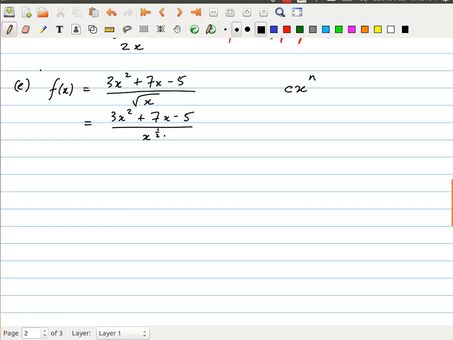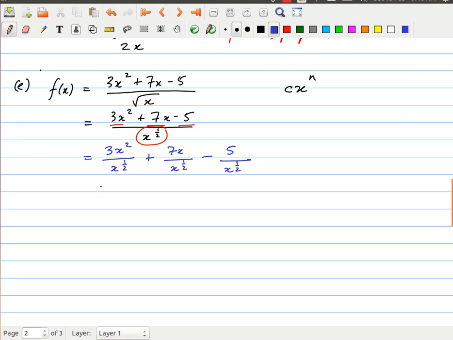That still hasn't solved my problem, but this denominator applies to each of these terms. So I can separate this out, and this is the big step: 3x squared over x to the 1/2 plus 7x over x to the 1/2 minus 5 over x to the 1/2.